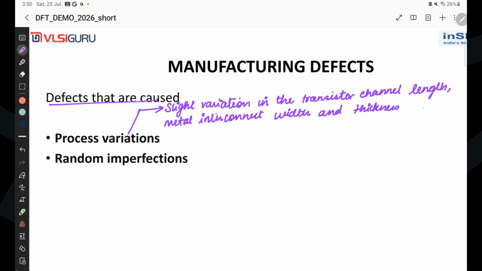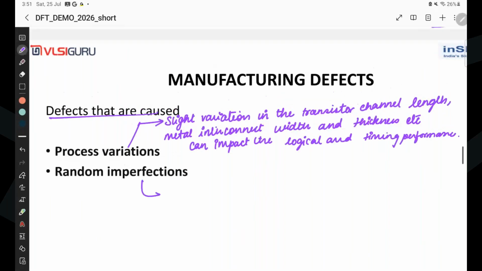All these things can impact the logical and timing performance. So process variation, slight variation in the transistor channel length, metal interconnect width and thickness, can actually impact the logical and timing performance.